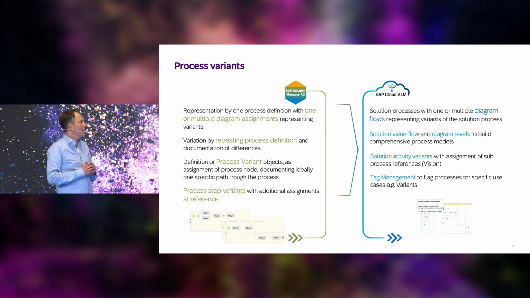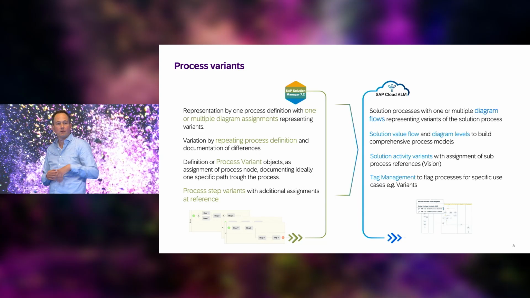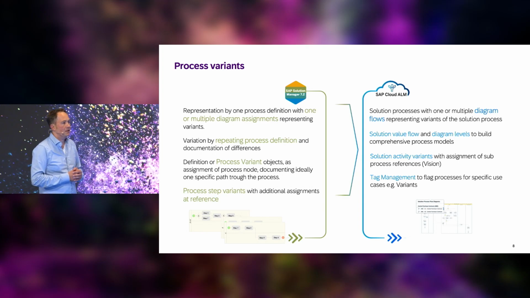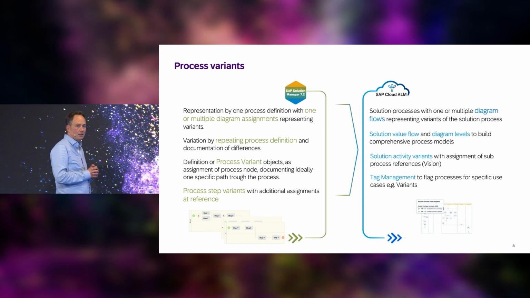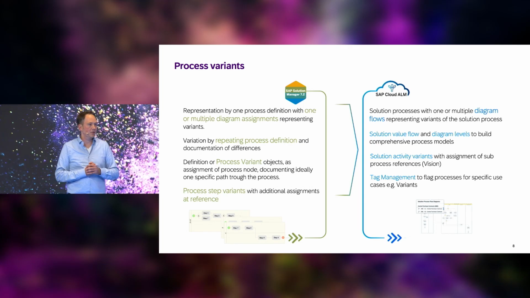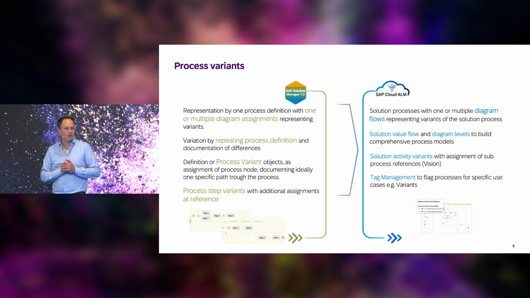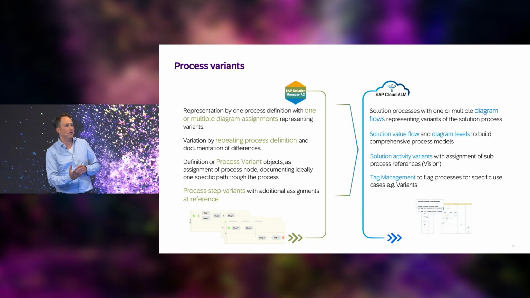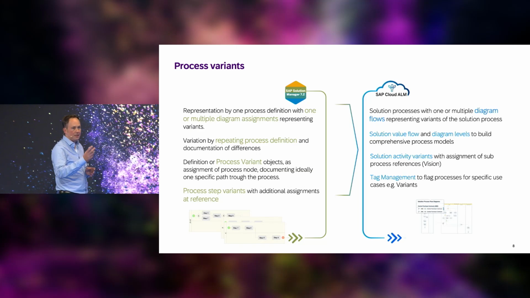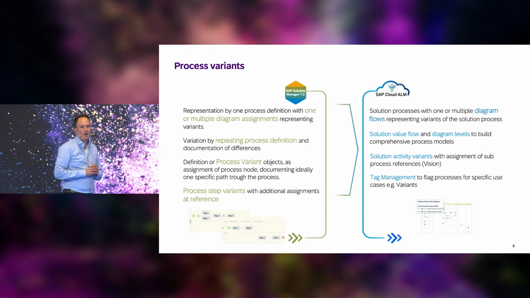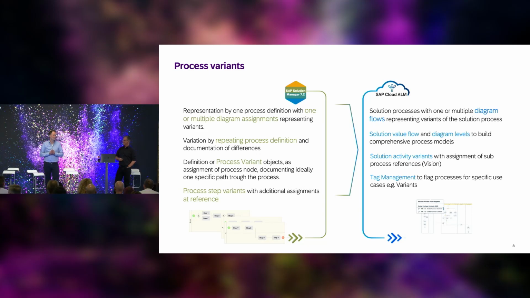Another topic we have in place, currently only for marking, is our tag management, so that you can give processes special meanings. And last but not least, what is on the vision and currently in preparation with our best practice colleagues is another level of sub-processes underneath the solution process activities that can link again to other diagrams. That is how the Cloud ALM side looks.